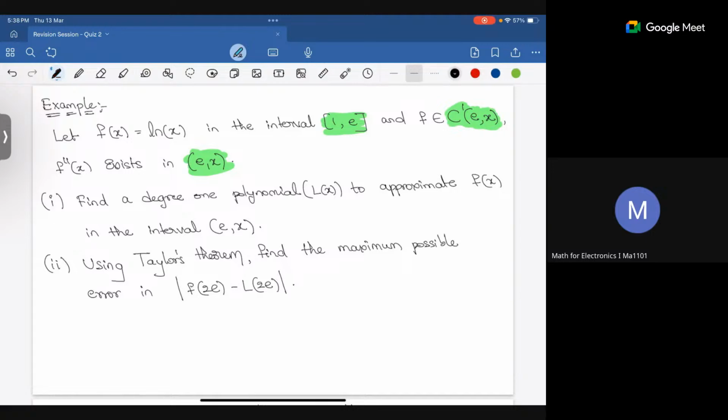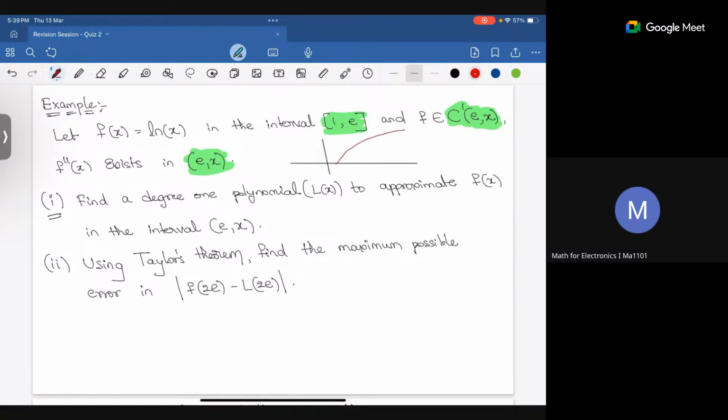So part 1 is asking you to compute the linear approximation to f of x, considering x naught to be e. Here you have ln x to be like this.